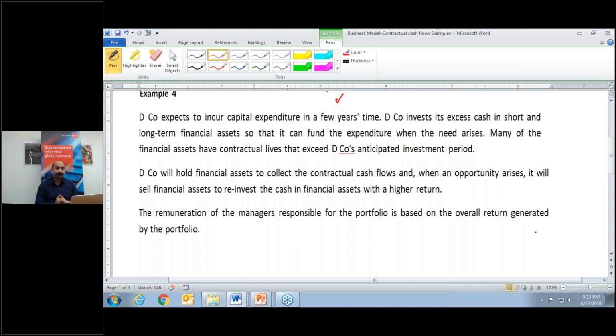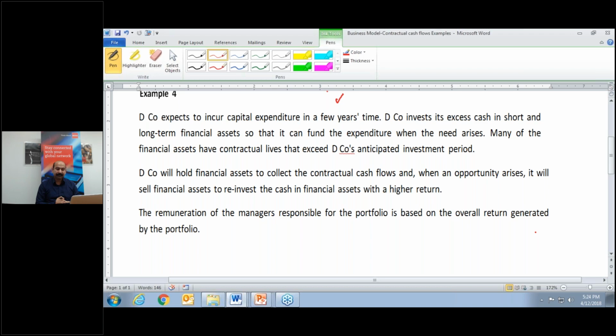See, listen carefully. E company expects to pay a cash outflow in 10 years to fund capital expenditure and invests excess cash in short-term financial assets. When the investments mature, E company reinvests the cash in new short-term financial assets.